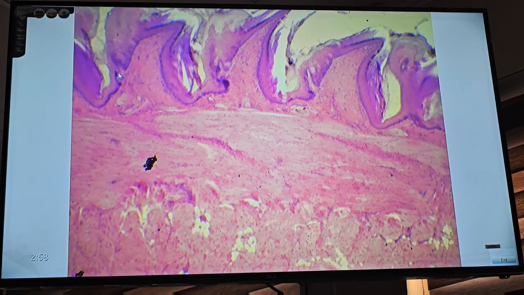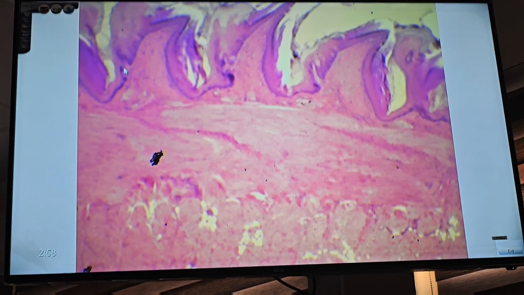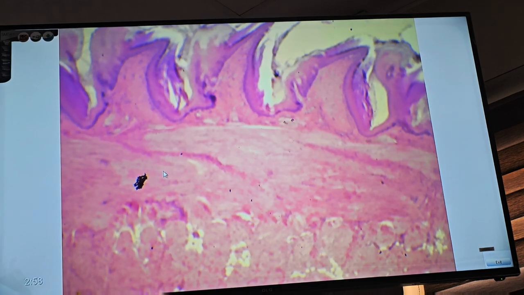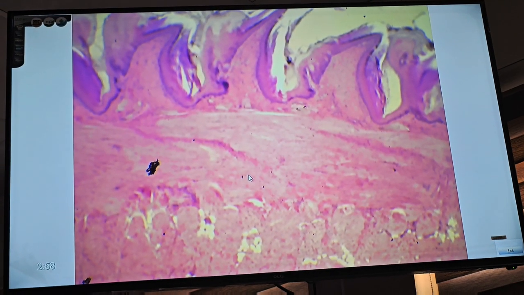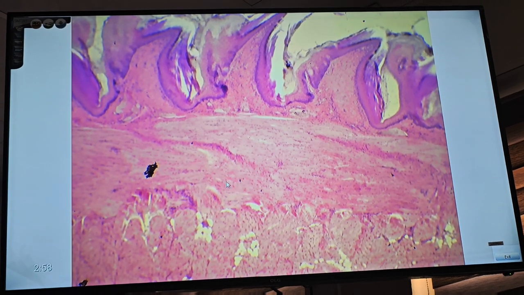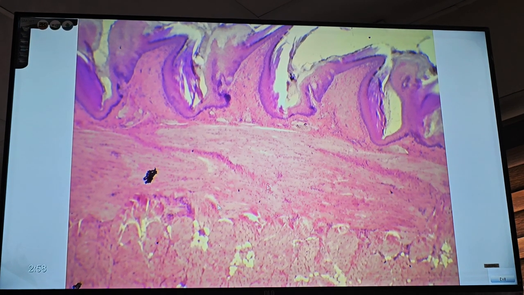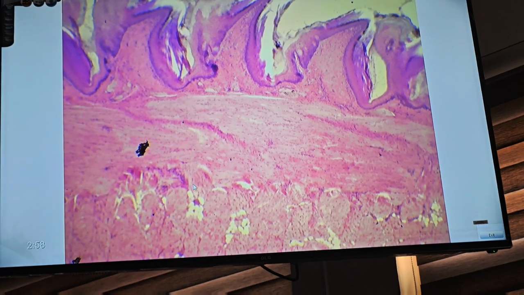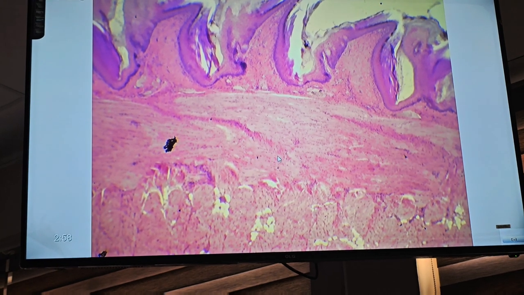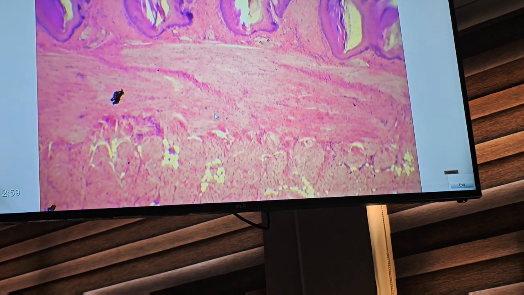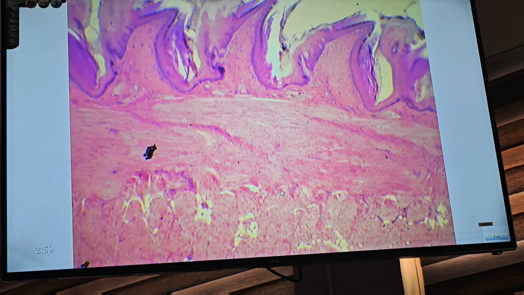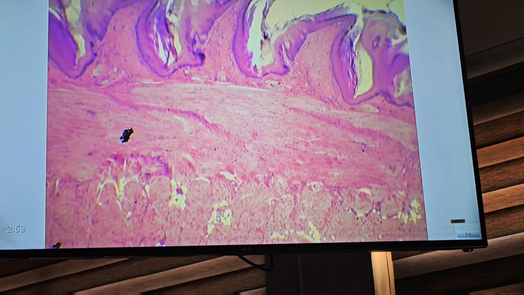The second part of the oral cavity is the tongue. The tongue is a mass of striated muscle. The striated muscle fibers are oriented in all directions. Between them, we can see connective tissue.